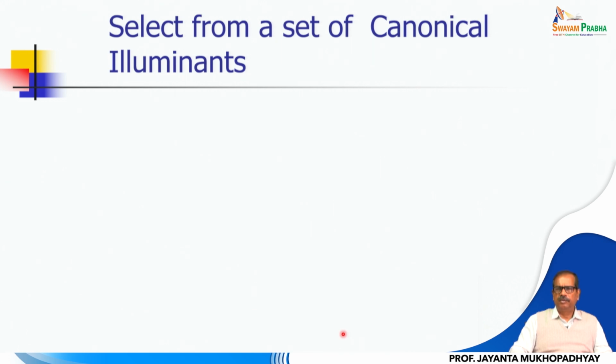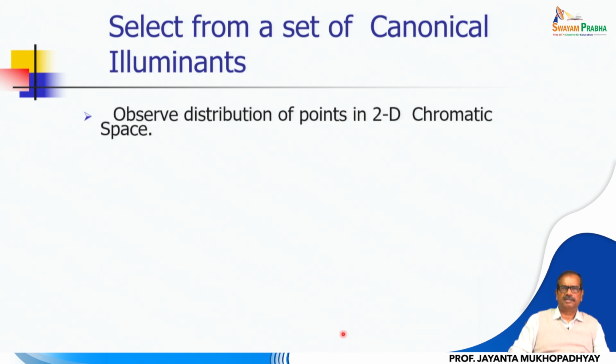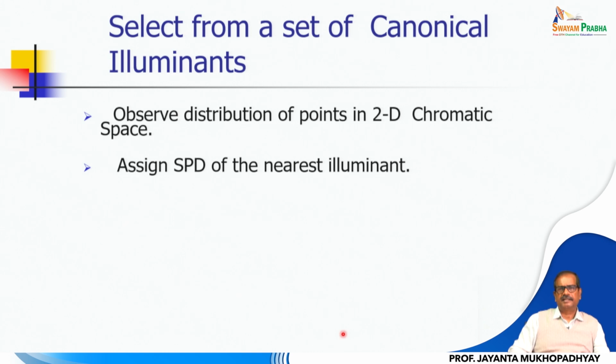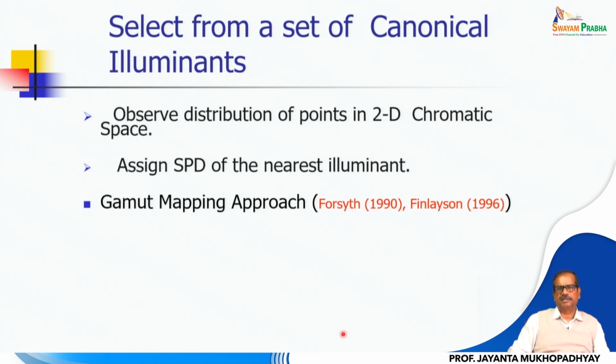So, if you look at the distribution of the color points of your image and try to match it with one of these color distributions of the illuminants, the closest match can give you some estimate of the color illuminant. So, observe the distribution of points in 2D chromatic space, then assign the spectral power density of the nearest illuminant, which has a similar distribution in 2D chromatic space.